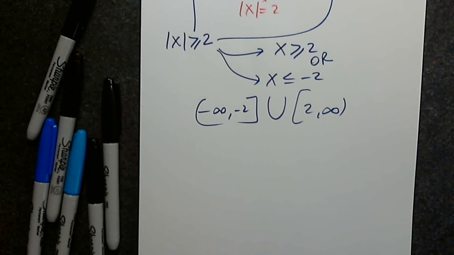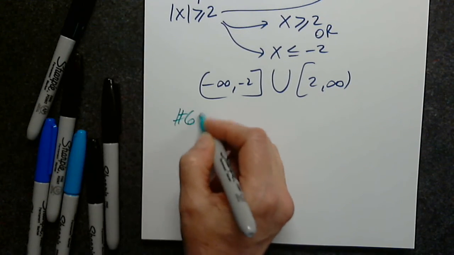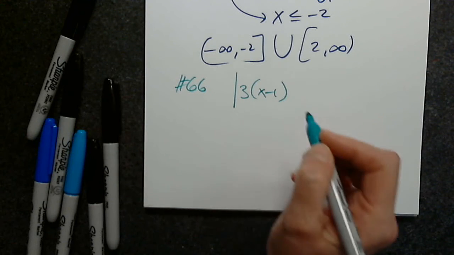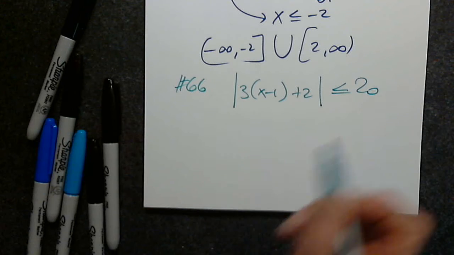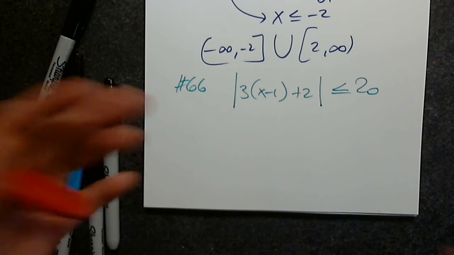Yes, ready? Okay, so let's start with, let's say 66. The absolute value of 3 times x minus 1, plus 2, less than or equal to 20. Remember we said the absolute value symbol is not a grouping symbol. I cannot bring in anything or take anything out.